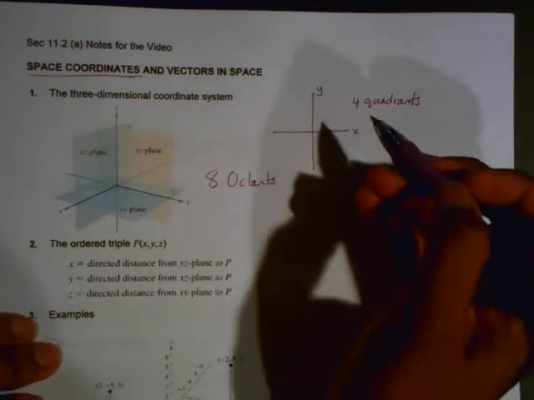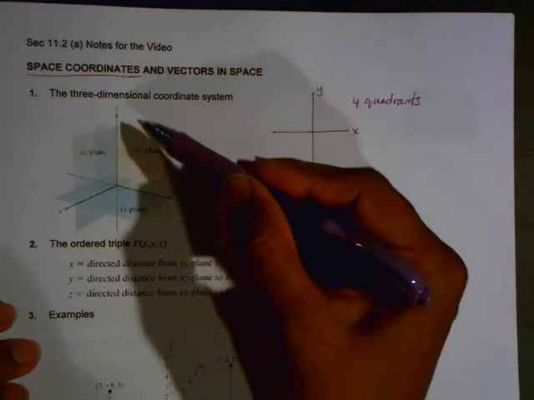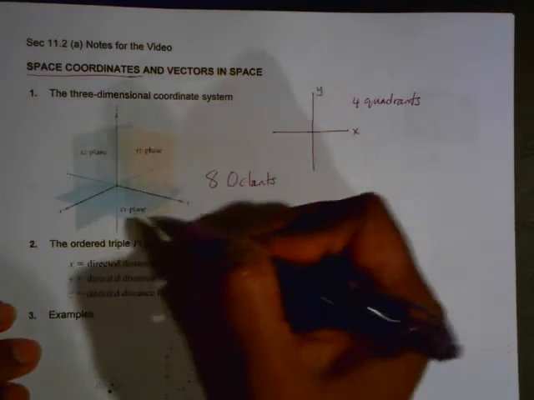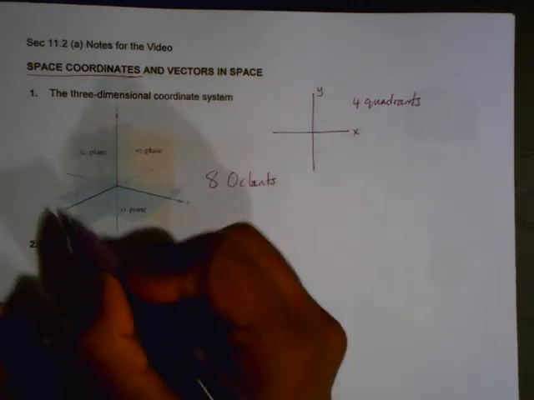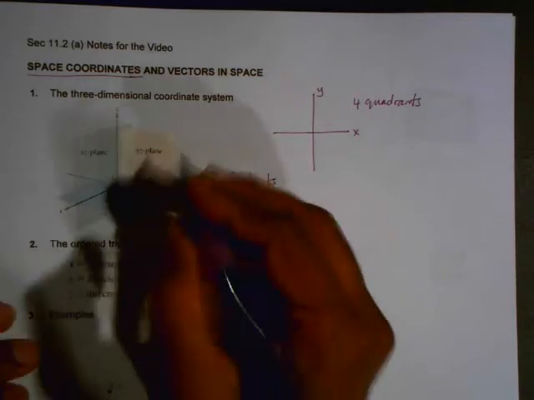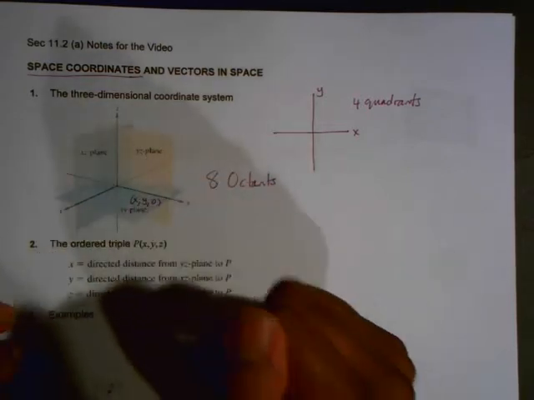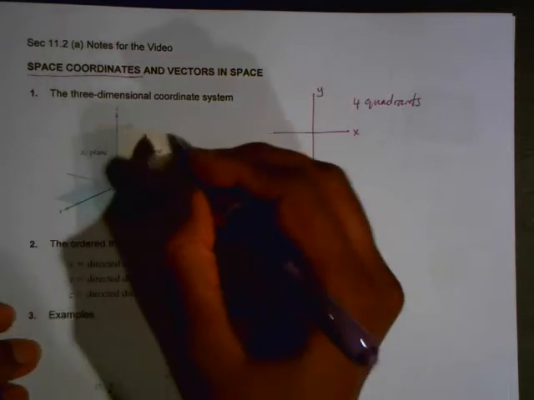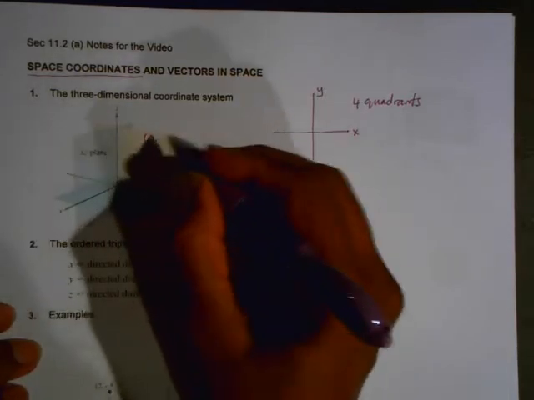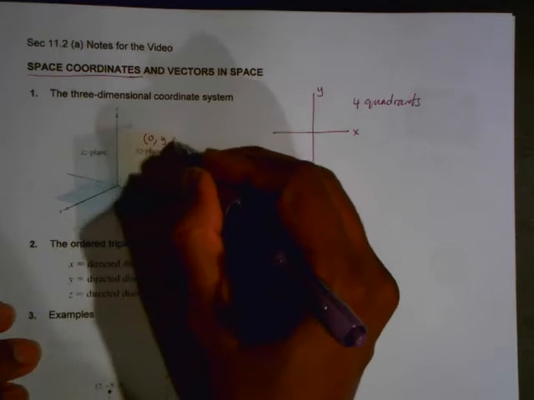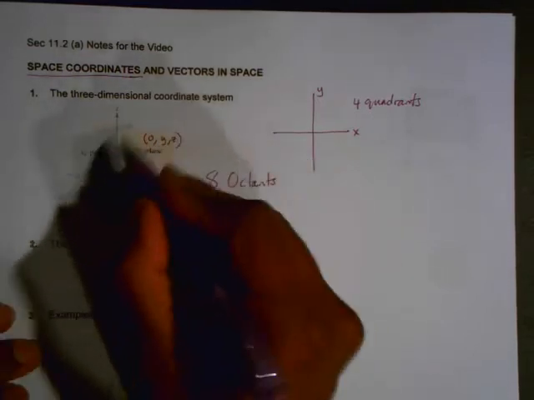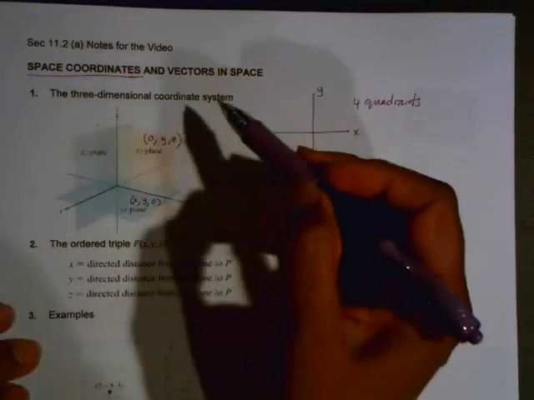So you have planes that are slicing through. So for example, here the xy plane consists of points that have x values, y values, and the z value is 0. Then you have the yz plane where the x value is 0 and y and z are arbitrary anywhere along that side. So they're like walls.